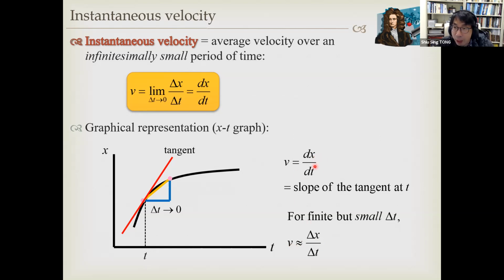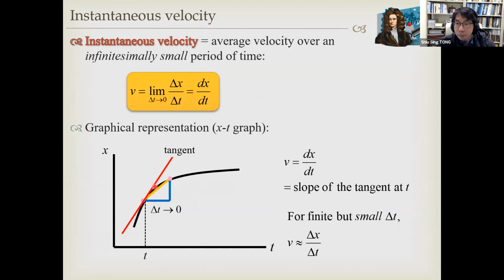The only exact expression is when we imagine the dt to be extremely small, that is infinitesimally small. That is the only way for us to reach this limit. For all other finite delta t, I cannot write an exact equality. It is only approximate. But for practical purposes, if I have a small enough delta t, I can always approximate my instantaneous velocity as delta x over delta t. For example, if these two points are getting very close, the yellow line becomes the red line.